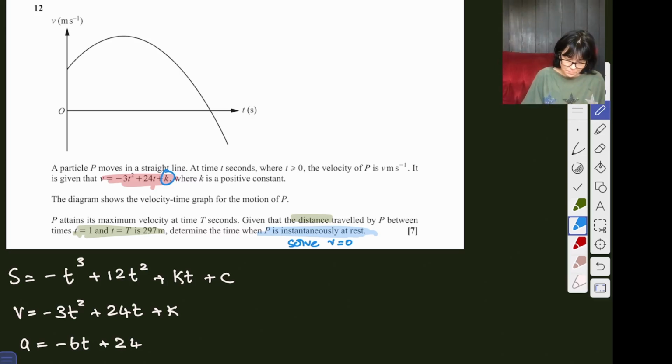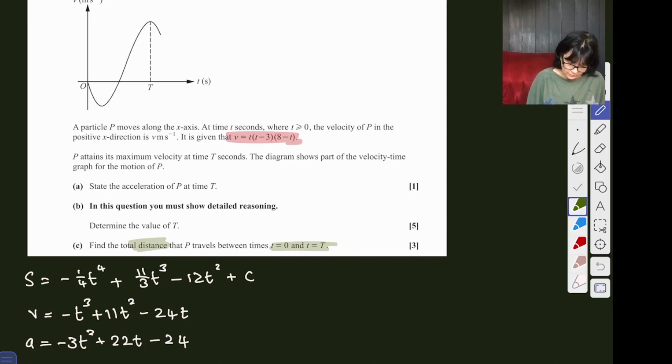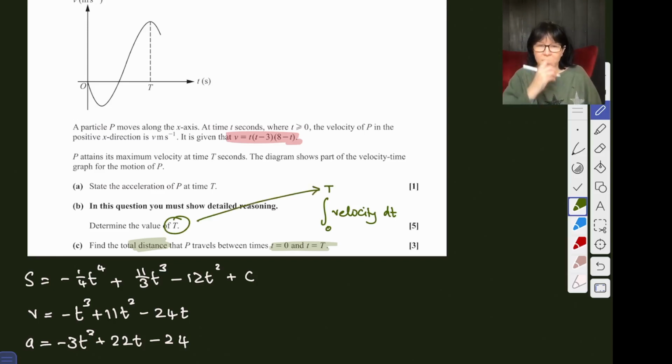So they have to give us a piece of information so that we can find the k, so that we can know v, so that we can solve v is 0. It's going to be a common theme. Integral. They give us velocity. We're going to have to integrate the velocity from 0 to t. And we've already found t in the previous part of the question, so we would know what it actually was.